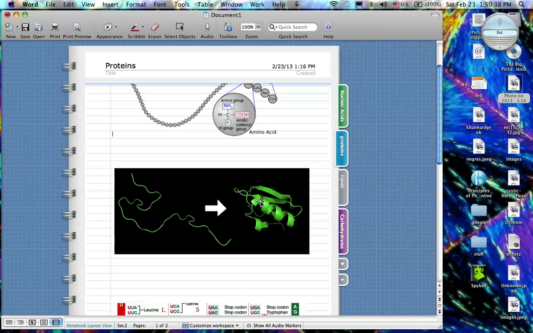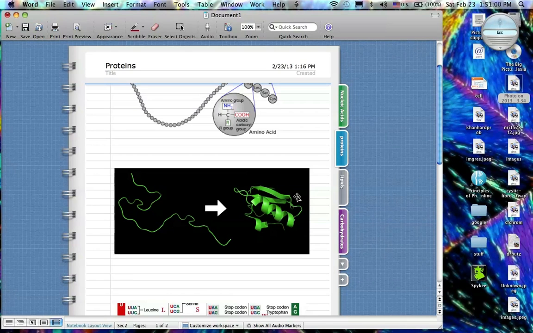This protein has 2 main shapes. They are known as alpha helix, which this spinny part here is, and then there's this other part called a beta sheet, and that's that flat part there. Those are just names for the type of structure.